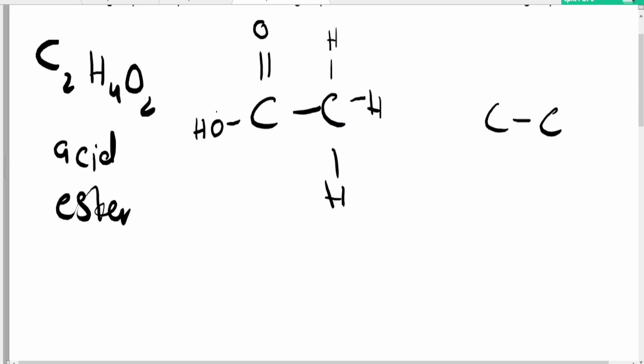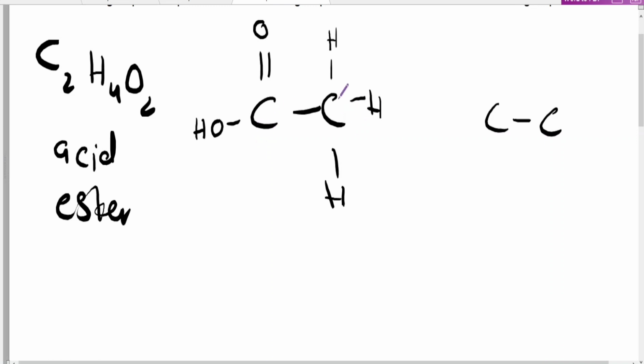So yeah, 1, 2, 3, 4. Whoa, it gives me 4 hydrogens and two oxygens, and two carbon atoms. Congrats, we have C2H4O2. So I can have a carboxylic acid, right?